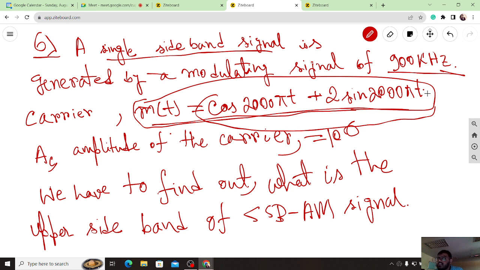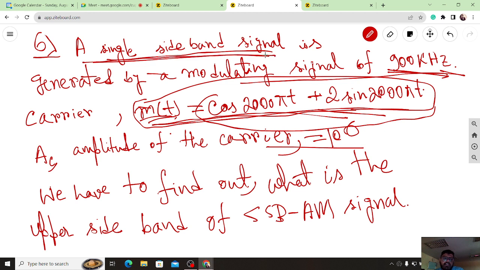So the message signal is given, the actual baseband signal, and the carrier frequency is given here. That is the clue here. m(t) is given, the carrier frequency and carrier amplitude are given, and it also says that a single sideband signal is generated by this modulating signal, carrier signal and this m(t). Both of them generate this single sideband signal. So we have to find out what the upper sideband USB is.